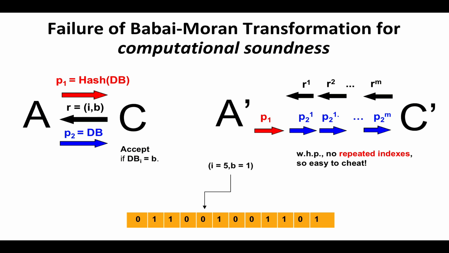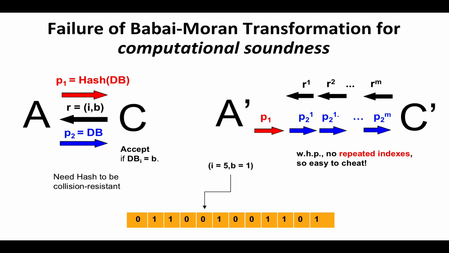Now, the point here is that with high probability he will not ask for the same index twice, at least if the database is much, much bigger than the hash. So there would be no repeated indexes. Therefore, I just have a bunch of indexes and what the bit is supposed to be, so I can easily generate this database and hash it down myself. So it's not just an issue with the proof technique. It's just false. Babai-Moran doesn't work.